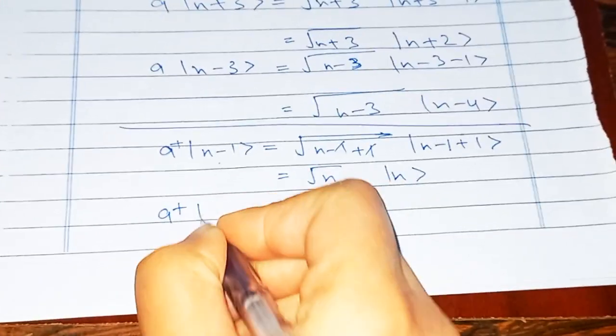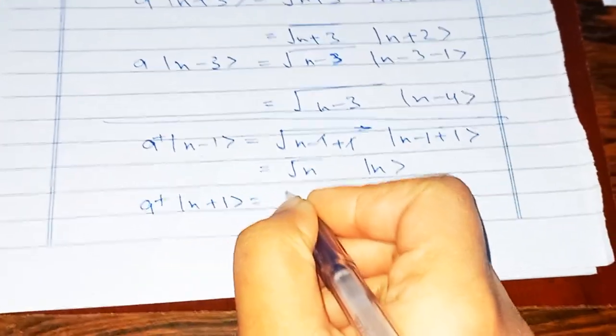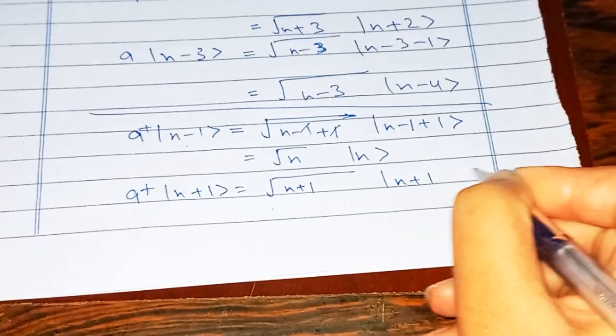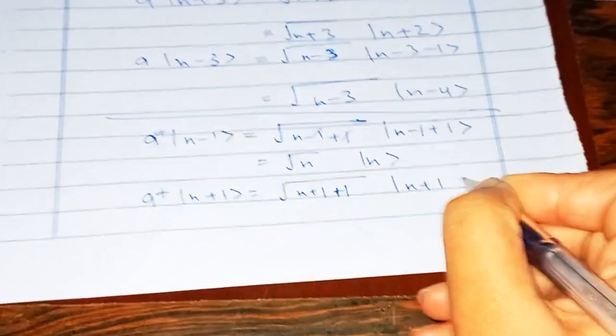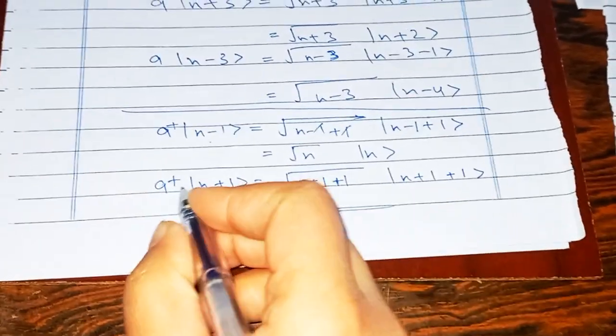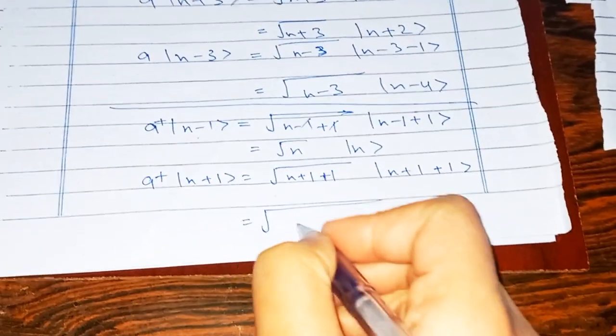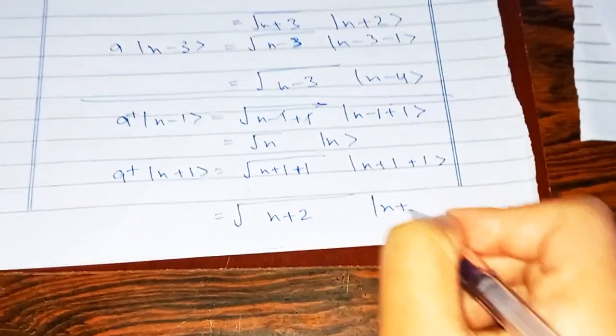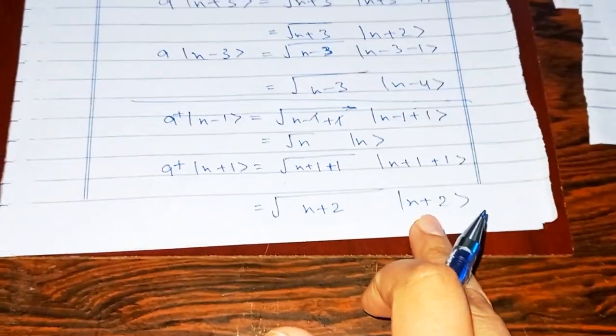Now it will be applied on n plus 1. So we'll write the ket first, which is n plus 1, and here the ket first, which is n plus 1. We'll add 1, and we'll add 1 here as well. This is how the raising operator applies. So it's n plus 2. That long under root was not needed, but yeah, that is it.